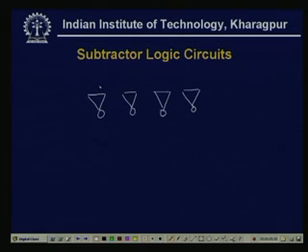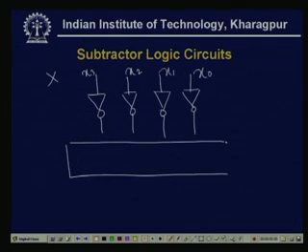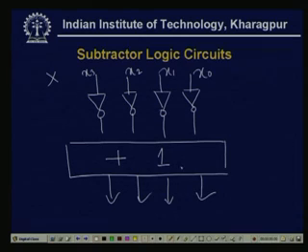So there will be 4 inputs, say x3, x2, x1, x0, where x is the input, then plus 1 is added, and it represents the 2's complement of x.